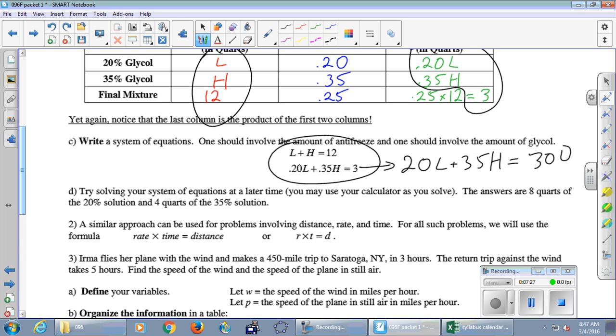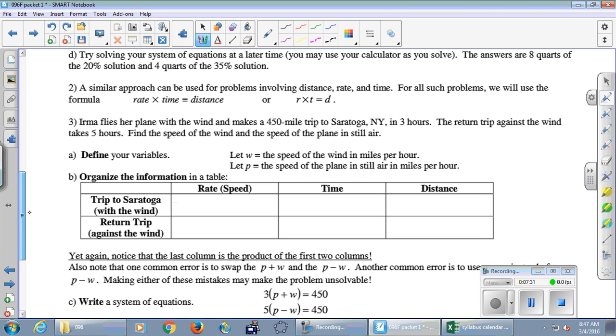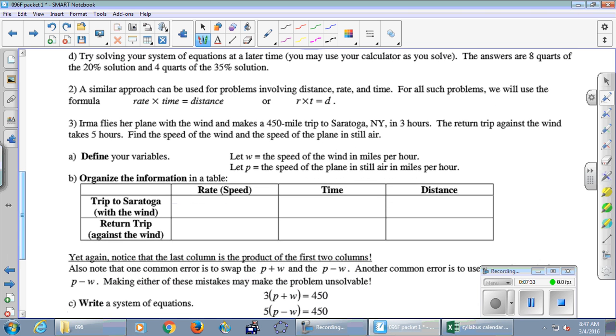Okay, let's take a look at number 2. A similar approach can be used for problems involving distance, rate, and time. For all such problems, we will use the formula rate times time equals distance. That is not a formula that you necessarily have memorized symbolically. It's R times T equals D, but for sure it's something you all know.